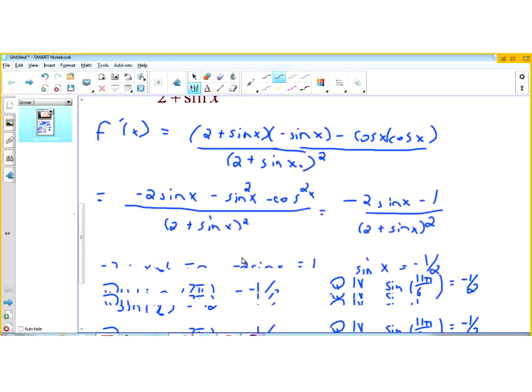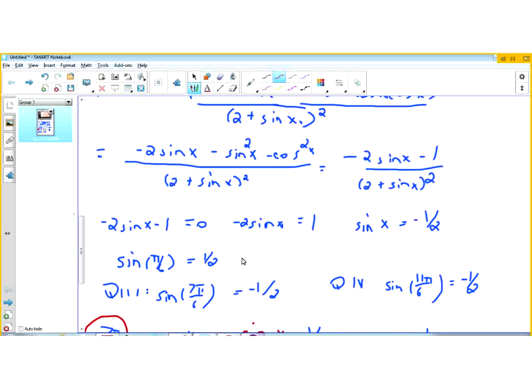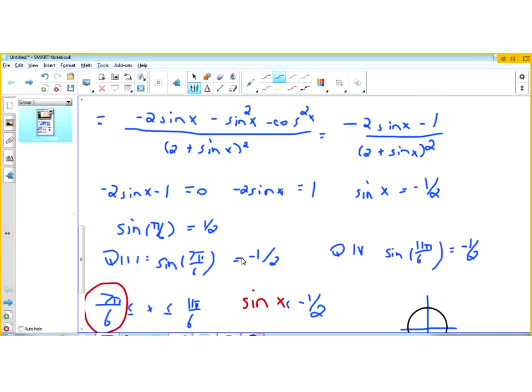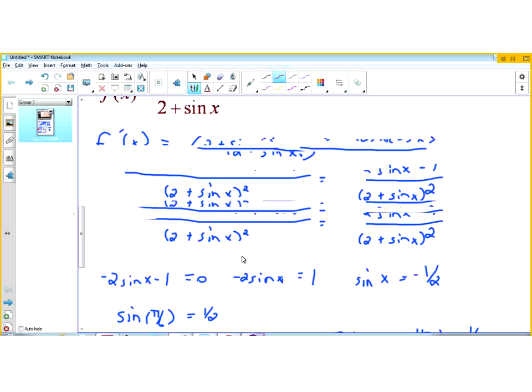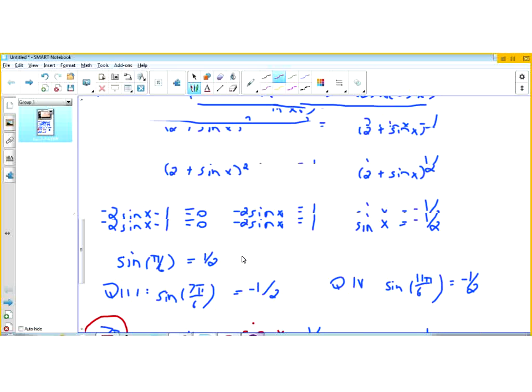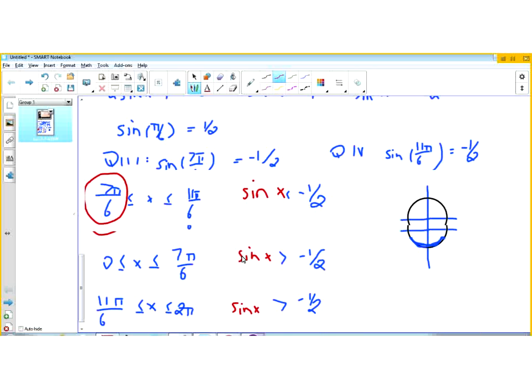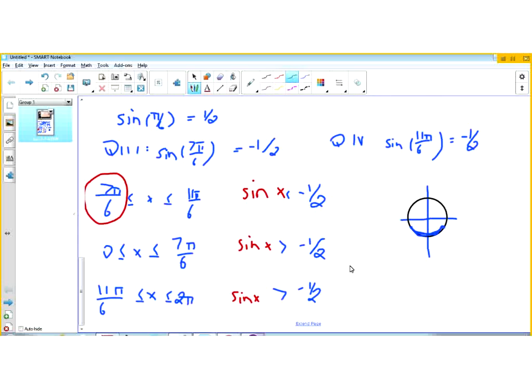And where's our derivative? So when sine x is greater than negative 1/2, what does that mean for the first derivative? It means the first derivative is what? Greater than 0.